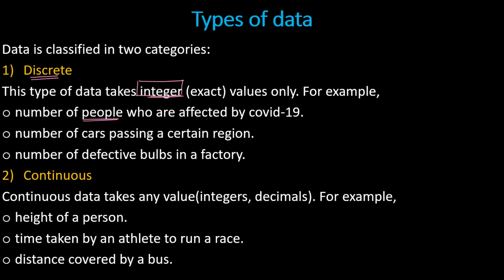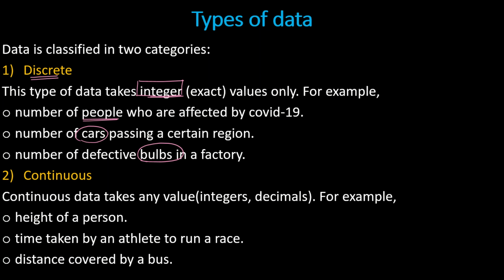You can't have number of people as decimals or fractions. So number of people is a form of discrete data. Another example would be the number of cars, the number of defective bulbs. You see, these can't take fractions or decimals, they have to be whole numbers. So these are discrete information, discrete data.